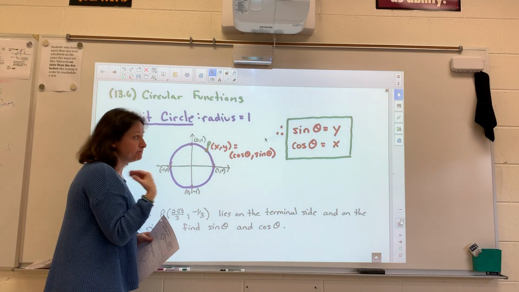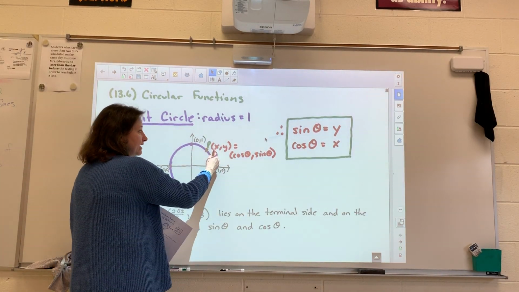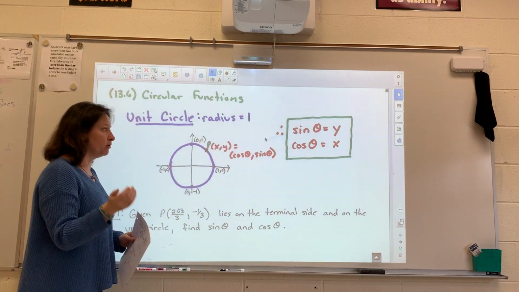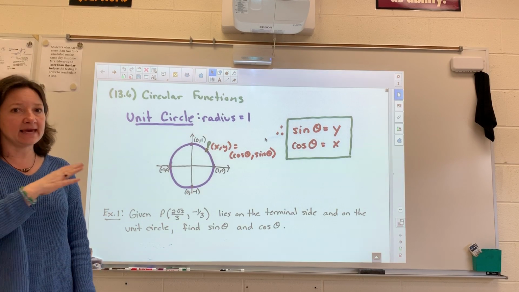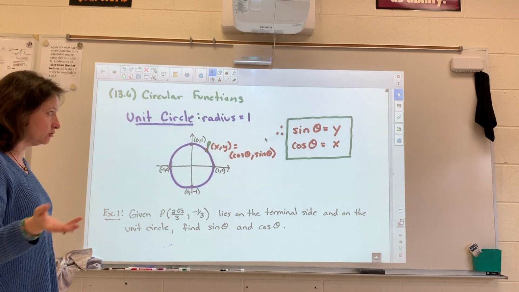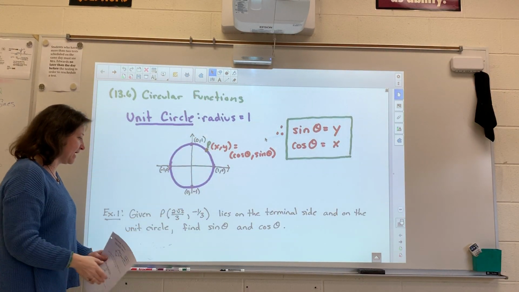This helps me because in terms of coordinates, they go in alphabetical order. X comes before y, cosine comes before sine. Boom, that helps me remember cosine is x, sine is y. Tangent, as always, comes by doing what? Y divided by x. So tangent would still be sine divided by cosine, or y divided by x.